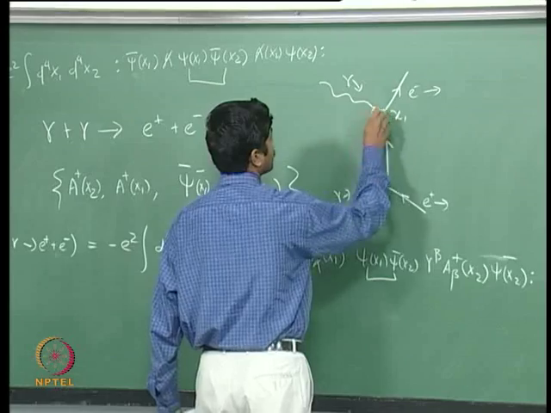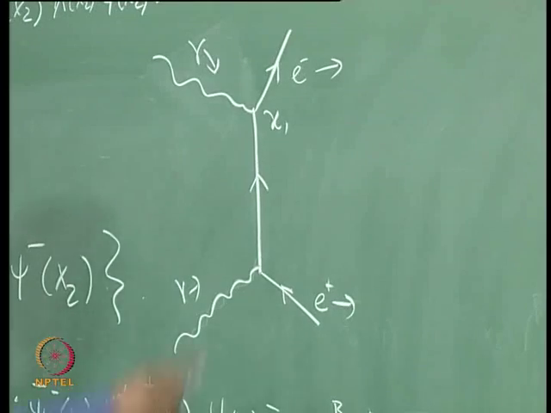So, this must be the space time point x1 from which an electron is getting created.